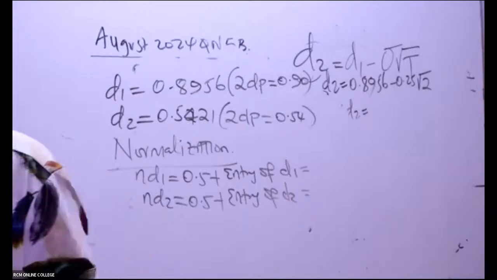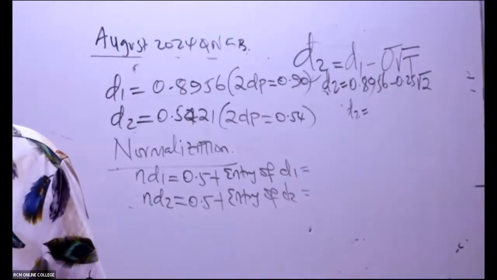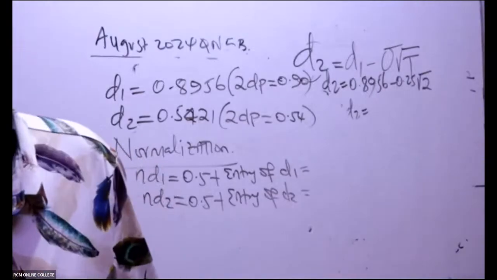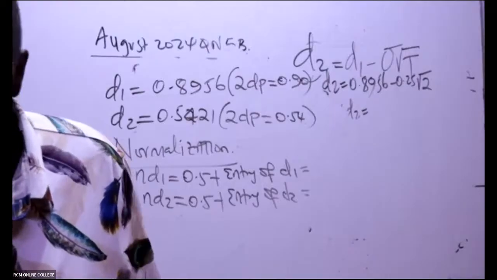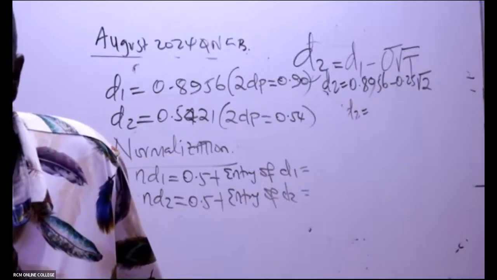You'll be given tables this time around. If you aren't given tables, we shall complain, and they give you free marks. So tomorrow, what time do we meet for AFM?